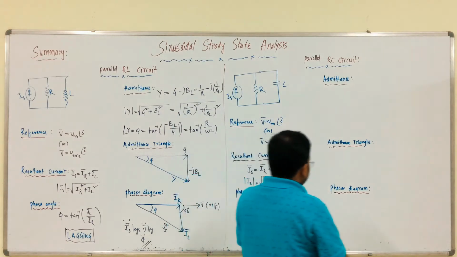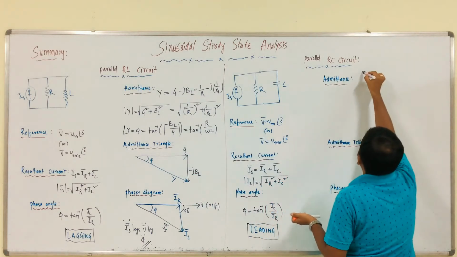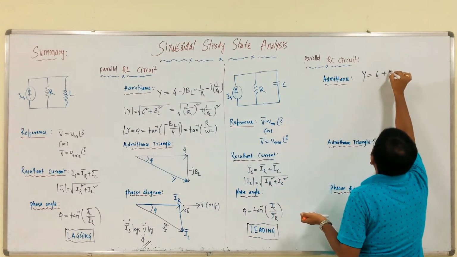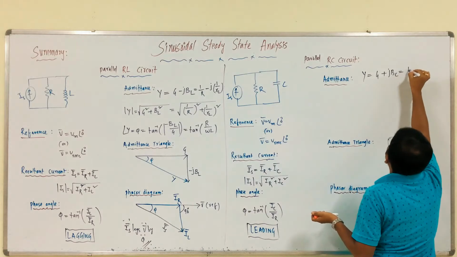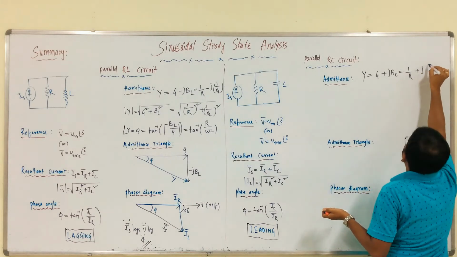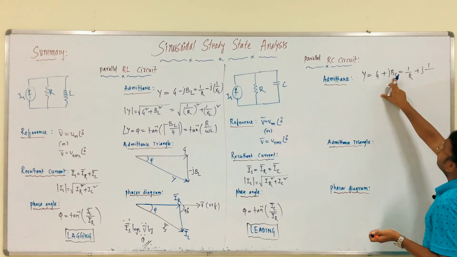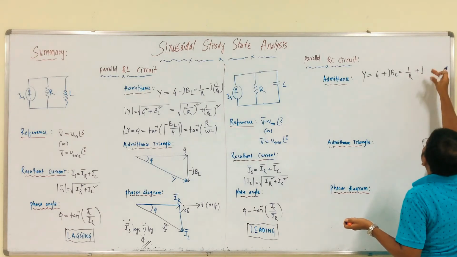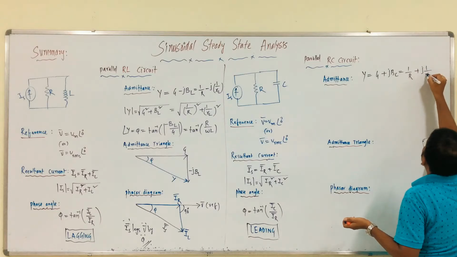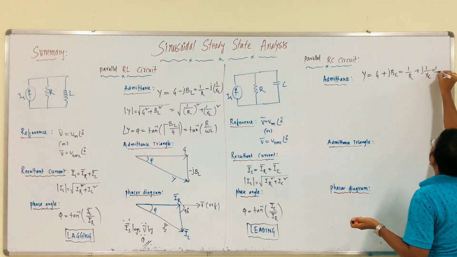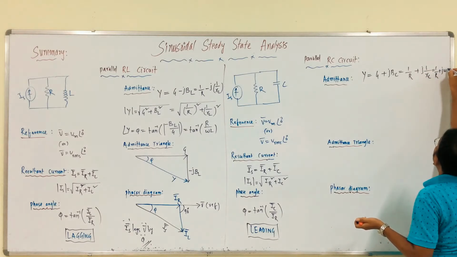Next, admittance. So from this, Y is equal to G plus J BC, which is equal to 1 by R plus J, 1 by XC, which you can write as 1 by R plus J omega C, right?